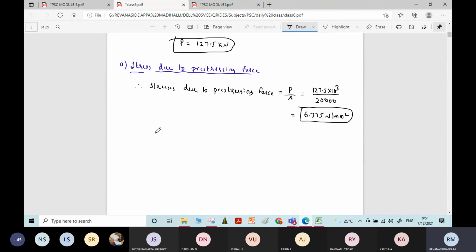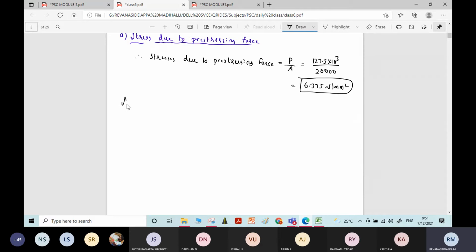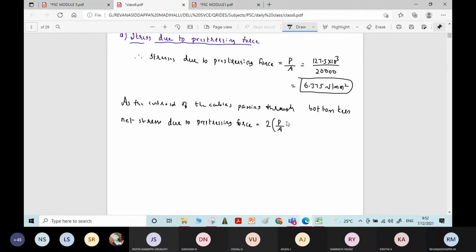Therefore, write: as the centroid of the cables passes through the bottom kern, the net stress due to pre-stressing force will be equal to 2 times P by A. So 2 into 6.375, how much will you get? 12.75.